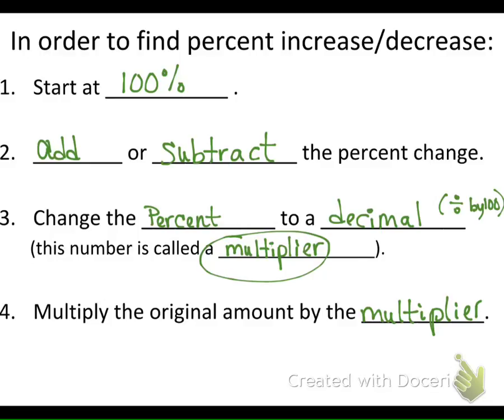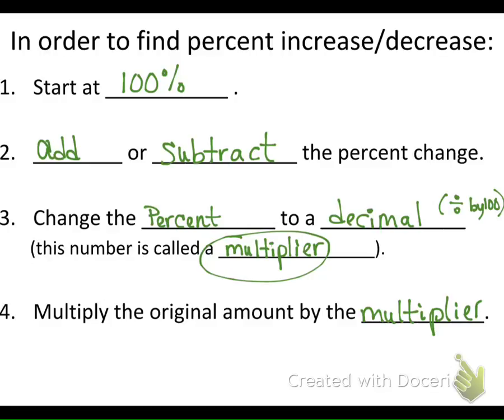Now it's just putting them all together and working through it. Every single time you start at 100%. Then you add or subtract the percent change. You change the percent to the decimal. You get the multiplier. Then you go back to the original amount of the item and multiply it by your multiplier. That will get you the new cost of the item that you're trying to purchase.